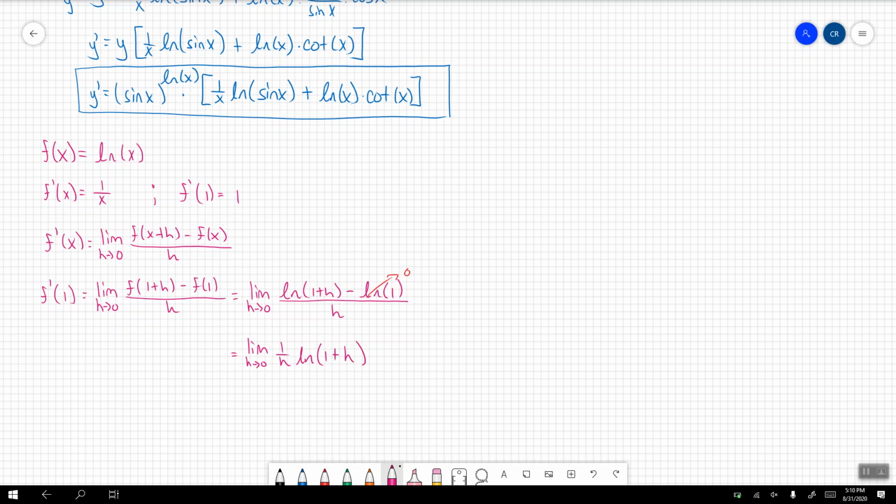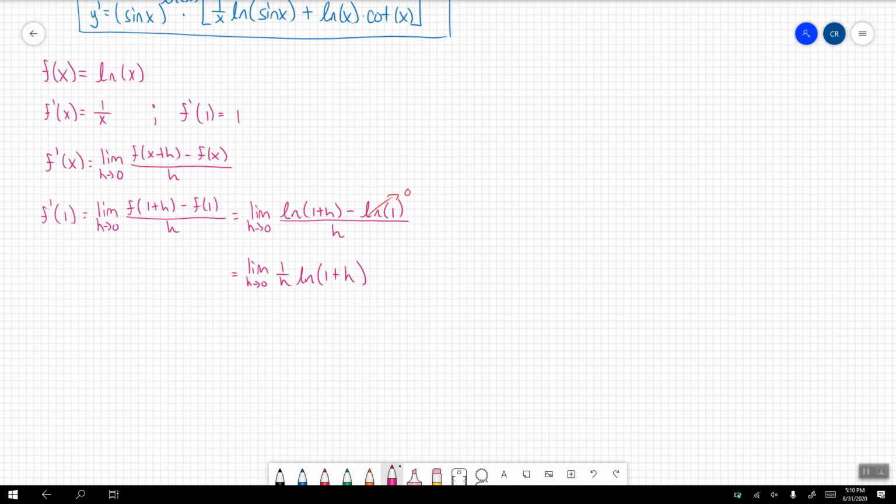That's pretty cool so far, but more importantly, this is a limit as h is approaching 0 for natural log of 1 plus h raised to the power of 1 over h. Because again, anytime a coefficient is multiplying the logarithmic function, it can be thought of as the exponent of that base.